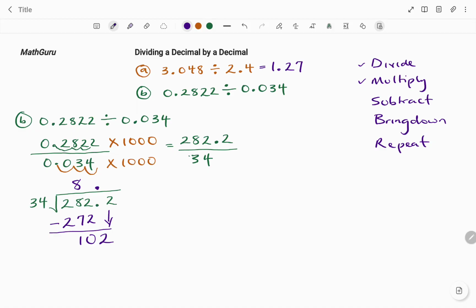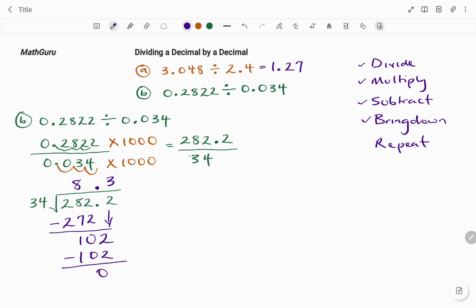And then I repeat the process again. I have 102 divided by 34. That is, how many groups of 34 do I have in 102? That will be 3. So therefore, I go to the next step, multiplying. I have 34 times 3, that's 102. And if I subtract 102 minus 102, that's 0.